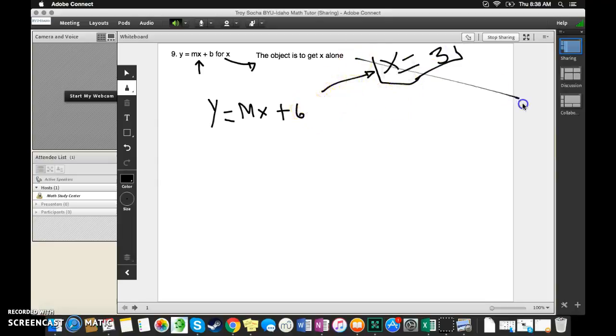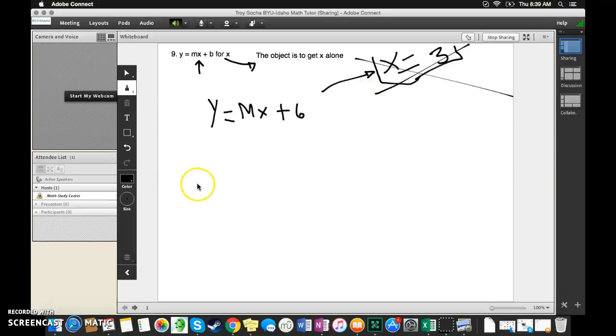Instead, your answer will look like x equals a bunch of letters. Again, your answer will be x equals a bunch of letters, because letters can't be combined or crossed out by other letters unless it's the same letter. But we have all different letters, so it's not going to work that way.